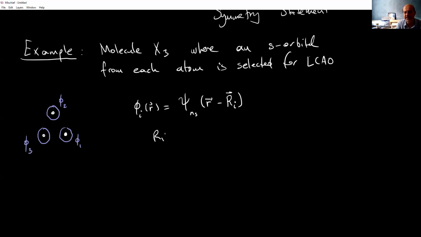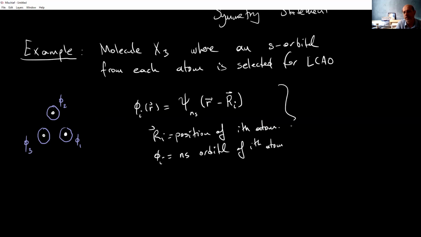So Ri is the position of the ith atom, and phi i is the ns orbital of the ith atom. In all of these situations, i is just a number: 1, 2, 3.